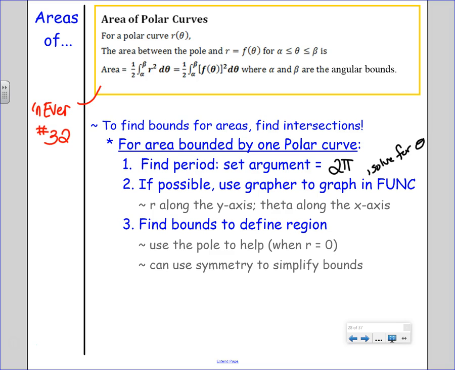Maybe knowing that it's going to complete one full cycle in pi is going to help you as opposed to completing one full cycle in 2 pi. Using the grapher to graph in function mode will be particularly helpful if you're trying to find zeros. And P.S. it's the only way to find zeros if you're trying to do decimal zeros, like the AP loves to give you sometimes.